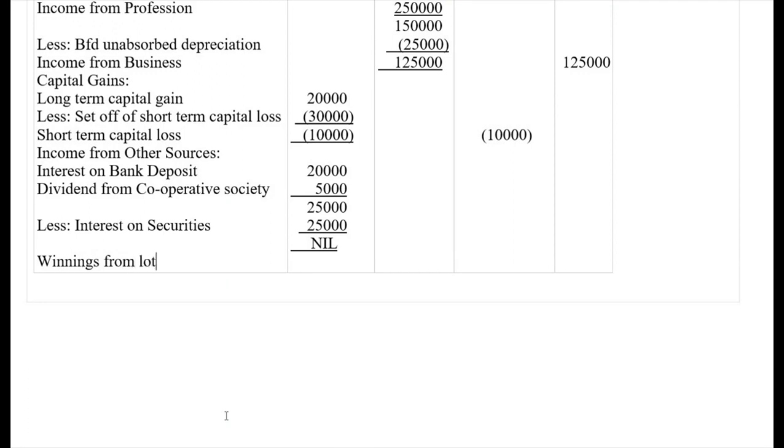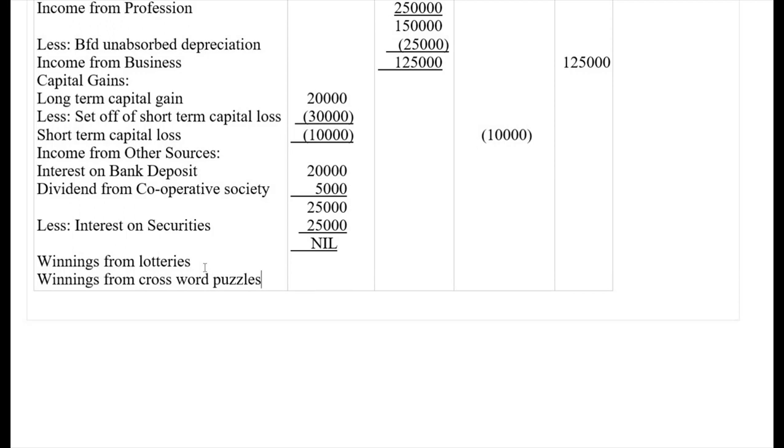Winnings from lotteries we will take directly to the GTI column. Similarly, winnings from crossword puzzles we take directly to the GTI column. So the lottery winnings are 50,000, and for crossword puzzles we have rupees 25,000.